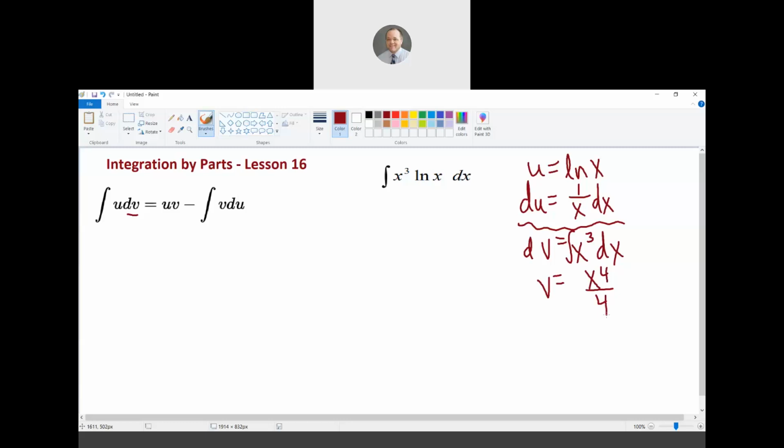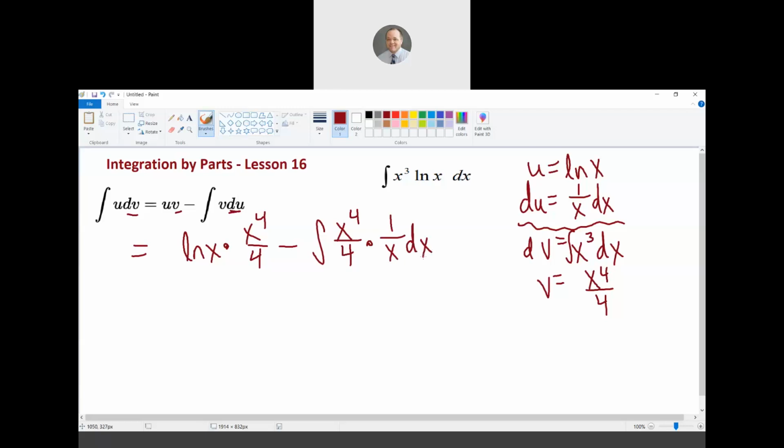Now let's plug everything into our integration by parts formula. u is natural log of x times v, which is x to the fourth power over 4, minus the integral of v, v is x to the fourth over 4, times du, and du is 1 over x dx.